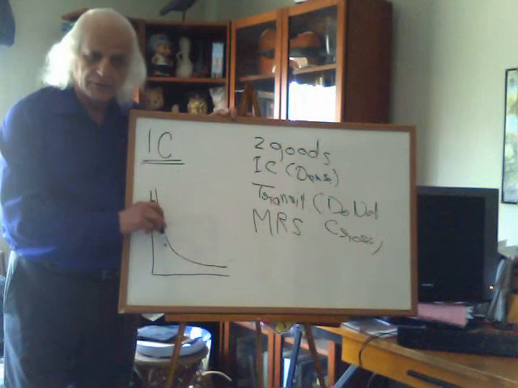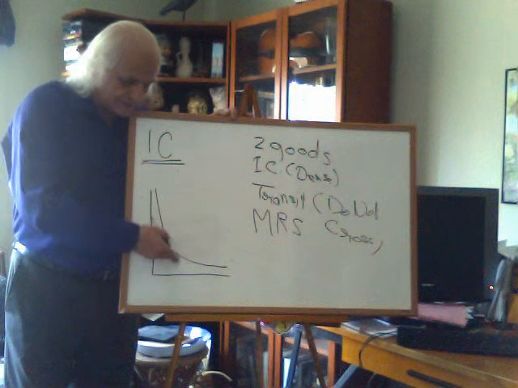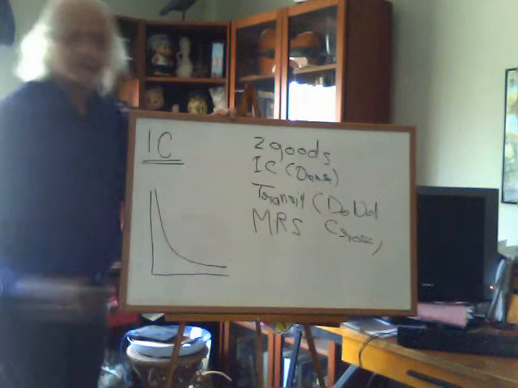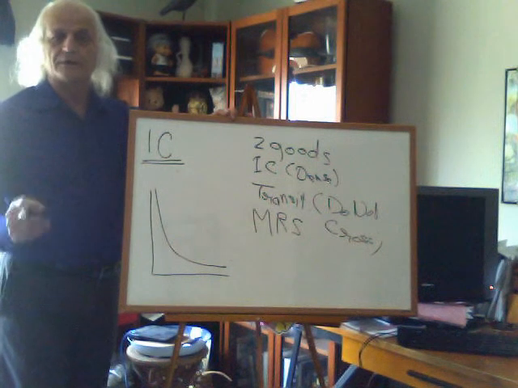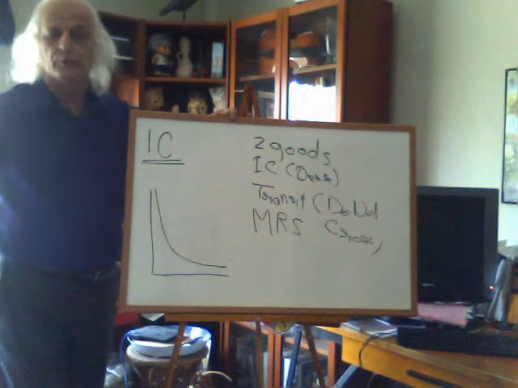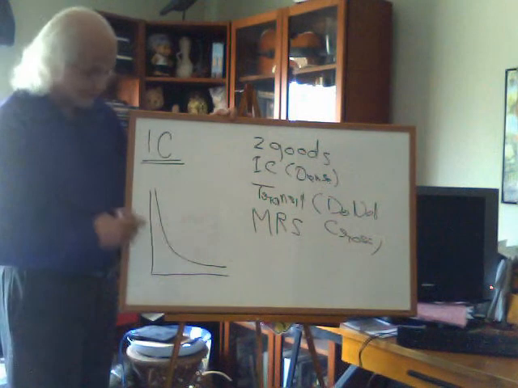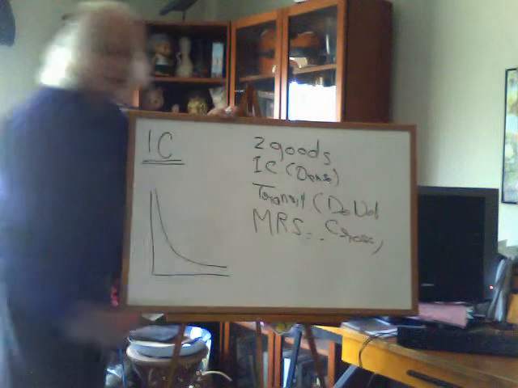It's the slope. So it's the slope of the tangent. As you can see, every single point is going to have a completely different tangent, and that is what's known as the marginal rate of substitution in this particular case. How much we're going to give up of one in order to gain one of the other. So it is downward sloping, as you can see, and that again indicates that it has a negative slope.